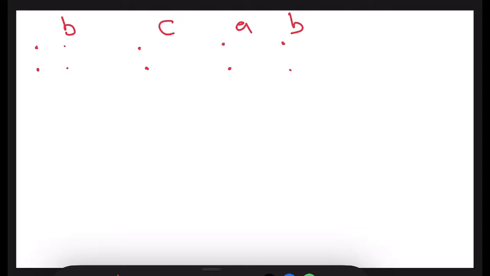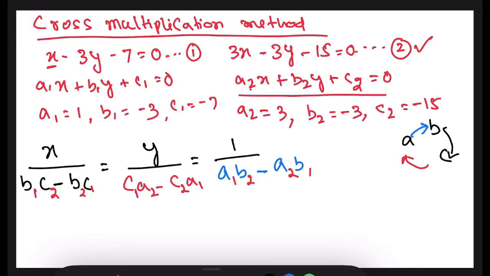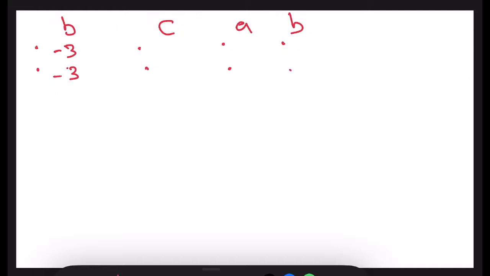What is our B1? B1 is minus 3 and B2 also minus 3. So C is minus 7 and minus 15. Then A is 1 and 3.